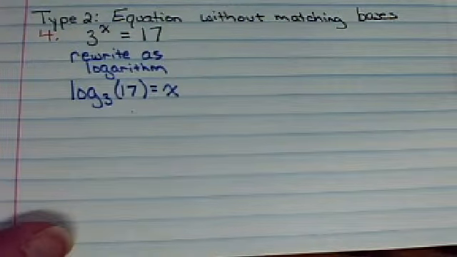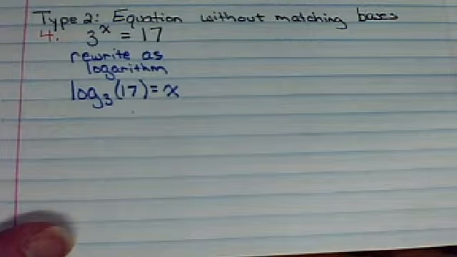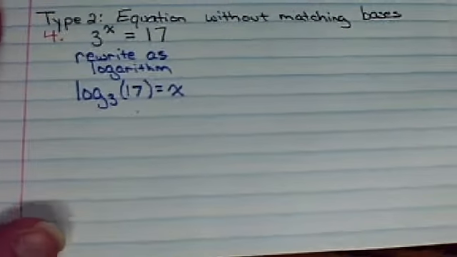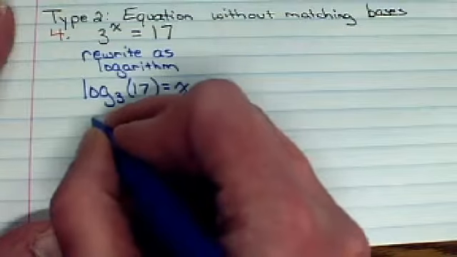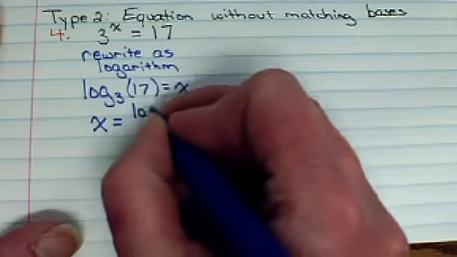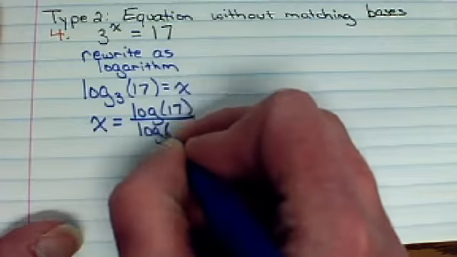3 squared is 9, and 3 cubed is 27, so it's going to be between 2 and 3, but that doesn't give me a good estimate or approximation. Remember what we learned last time. There's a way we could put this in the calculator. We could take log of 17 divided by log of 3.